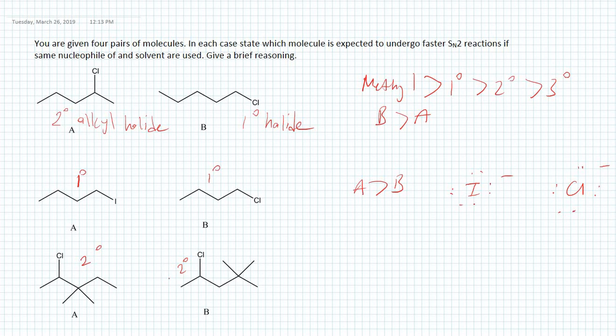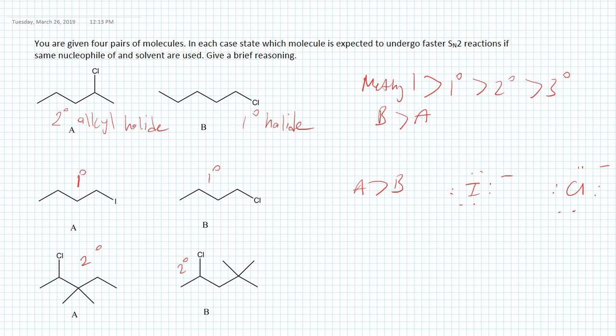We expect that they may react with similar rates, but don't forget, for SN2 reactions, back attack on the carbon bearing the leaving group is essential for the rate of reaction. If you have bulkier groups, not exactly at that carbon but in the neighboring positions, that is also expected to affect the rate of reaction.